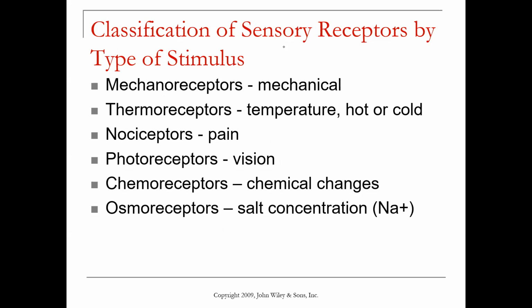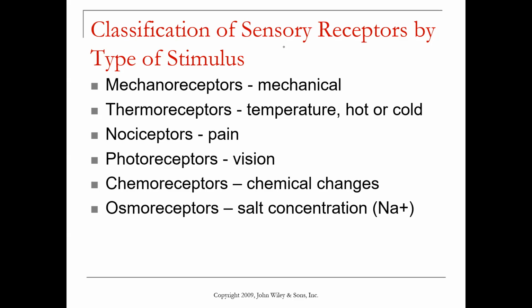These are mechanical distortions of the receptor. A mechanoreceptor vibrates maybe. In our inner ear, we have mechanoreceptors that vibrate when sound waves hit them. That's a mechanoreceptor. When we distort a touch receptor, that's a mechanoreceptor.